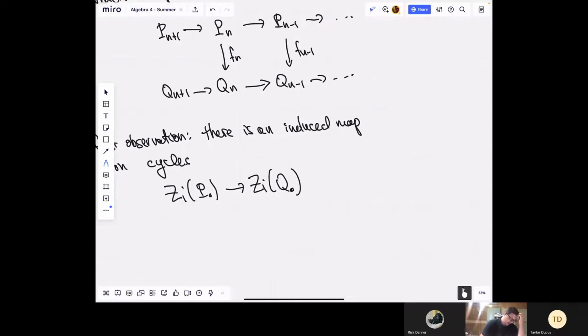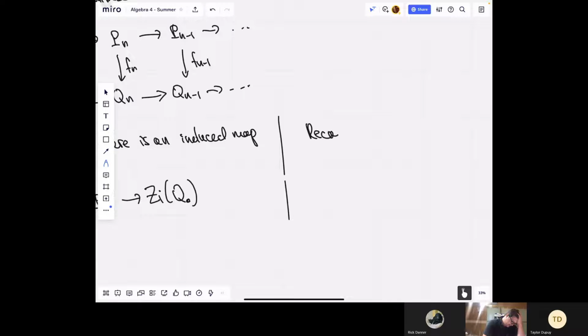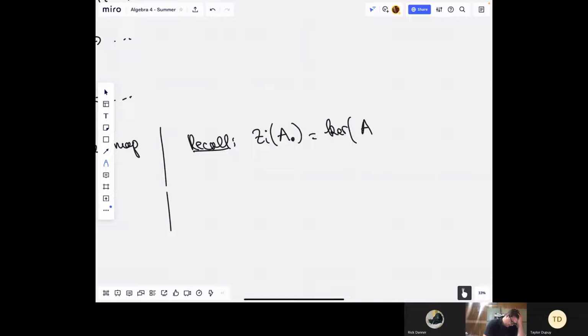Okay, and so let's just recall what this means. Zi of any complex is the kernel of the map from Ai to Ai minus 1. So the things that go to 0. So these are called cycles.